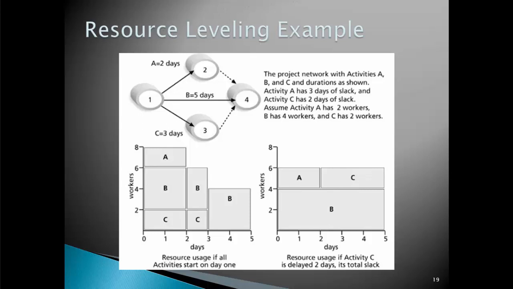At that point, we will use only 6 resources instead of 8, and all resources will be utilized 100% of the time during all 5 days. There is no resource overallocated, no resource underutilized. Everyone is working at full capacity, 8 hours, 100%.